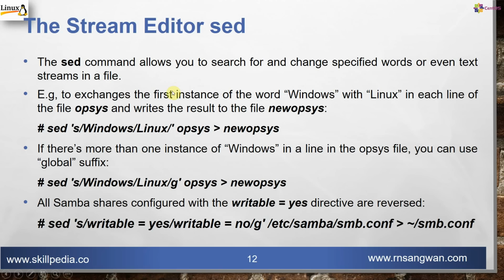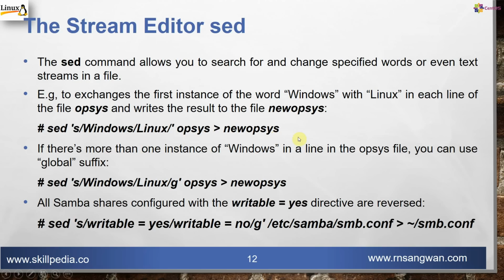SED is the stream editor. This allows you to search for and change specified words or even text streams in a file. For example, to exchange the first instance of the word Windows with Linux in each line of the file opsys and write the results to the file new opsys, you can use sed, substitute Windows with Linux, opsys file, new opsys.